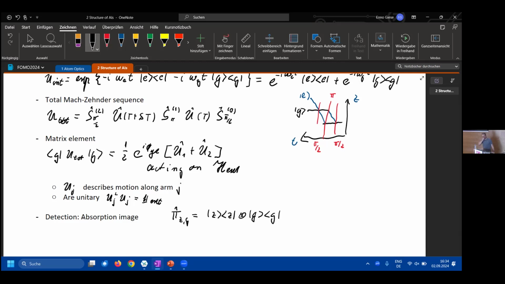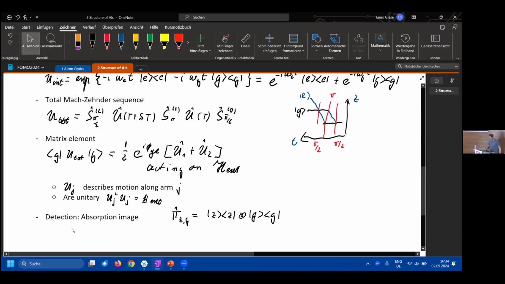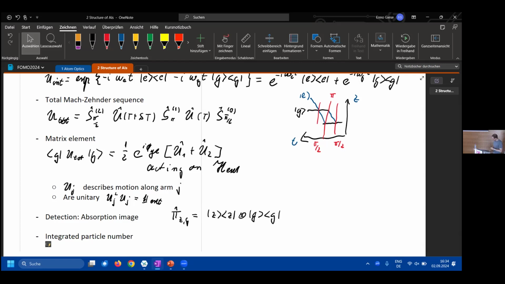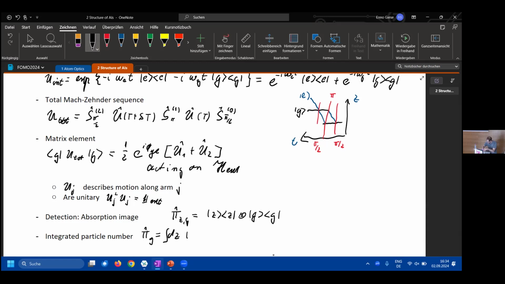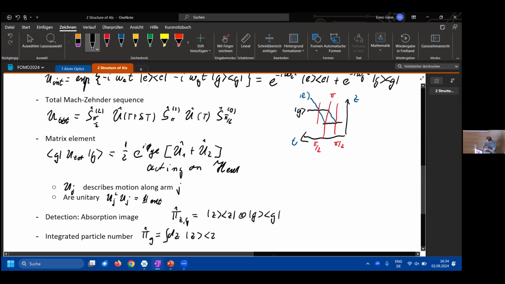And that can be seen by the completeness relation that Dorte just asked about. So now we have the integrated particle number, where we just say, okay, good, the projector on atoms in ground state G is just integrating over all atoms at one particular position.